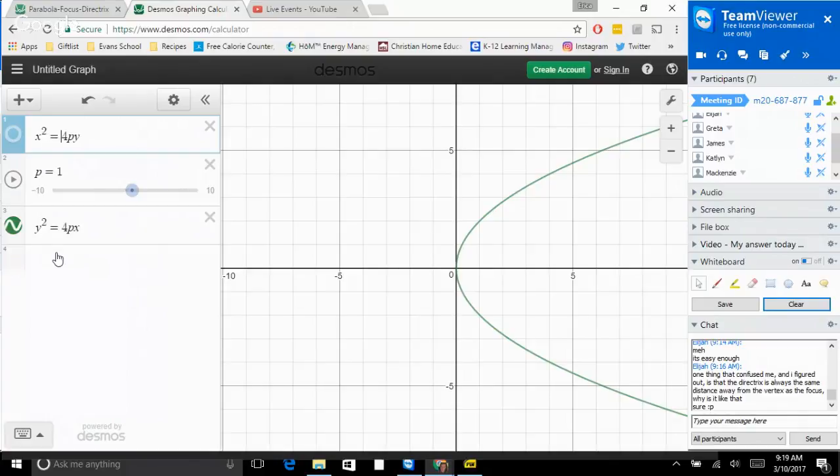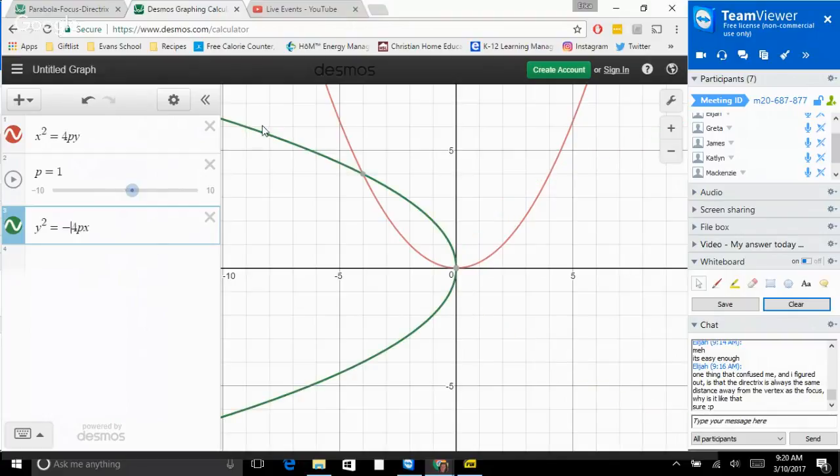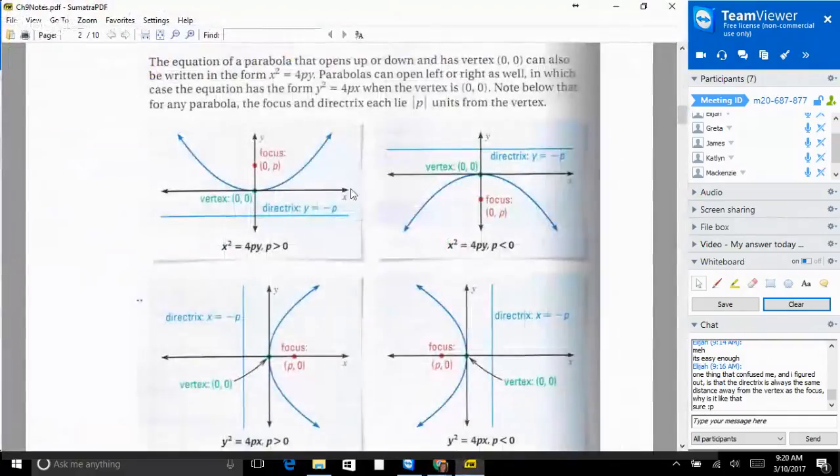And then this equation, we have y squared equals 4px. So depending on where your squared sign is, this one opens up, and if we have the y squared, then this opens to the side. And if I make this negative, then it's going to open to the left side. So that's what these four graphs that are sitting on your paper right here represent.